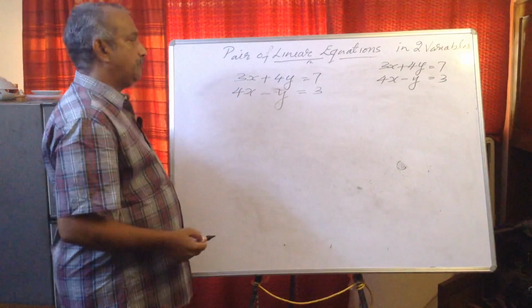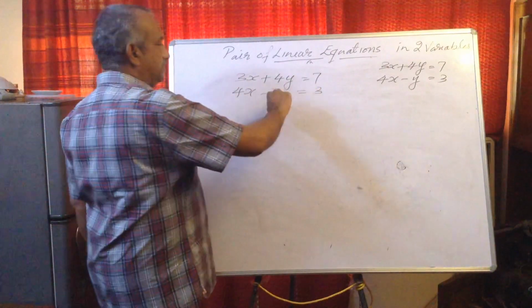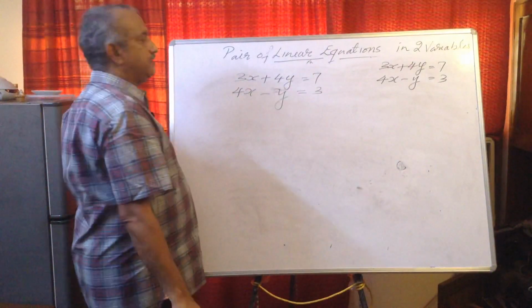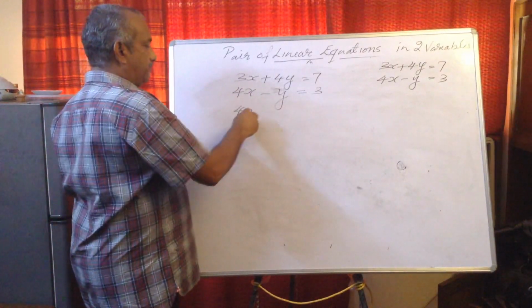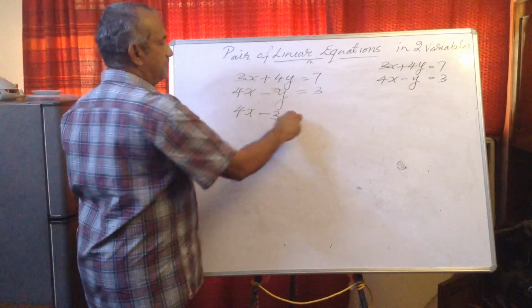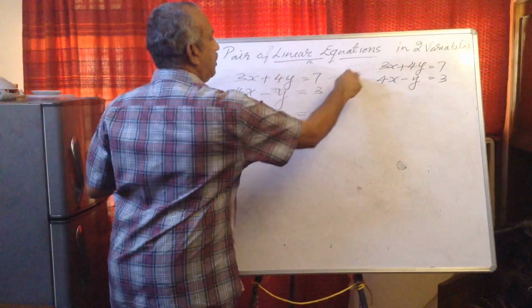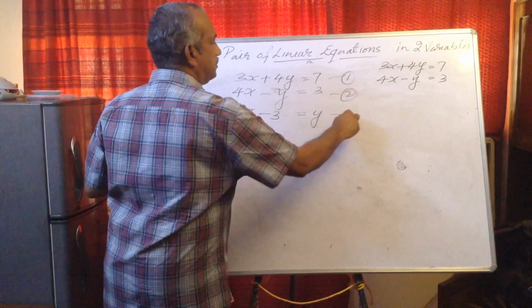Now I am taking this y to the other side, just like finding solution, and I am going to substitute that. So this will become 4x minus 3 is equal to y. This is 1, this is 2, this is 3.